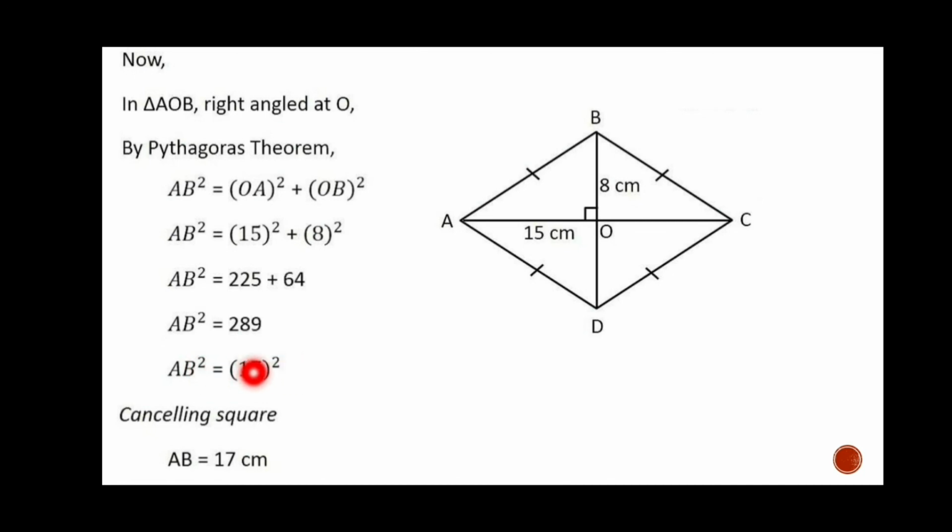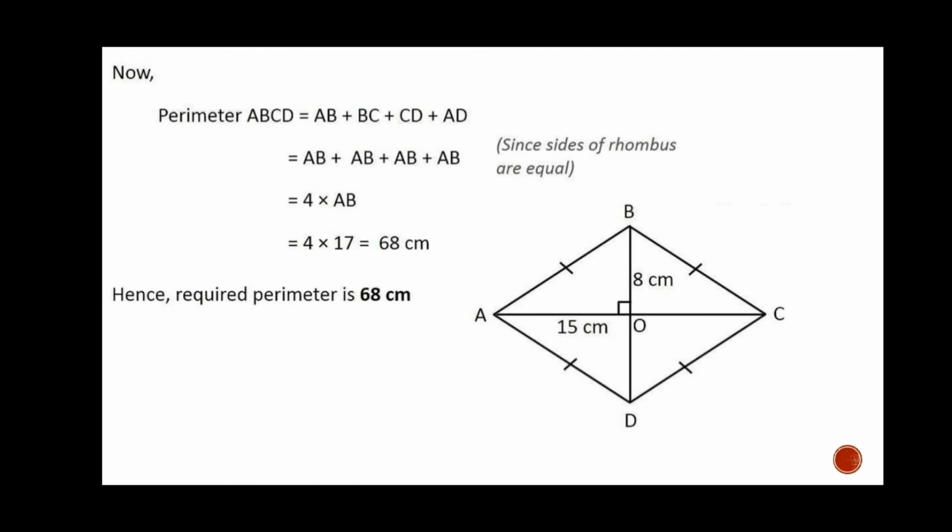Now both sides we have square, so we will cancel, and AB, that is the hypotenuse, is coming 17, and you can see AB is the hypotenuse as well as the side of the rhombus, this complete rhombus ABCD. So the perimeter of the rhombus will be the sum of all the sides.